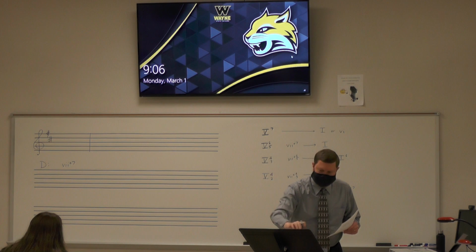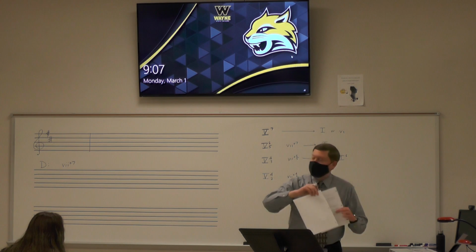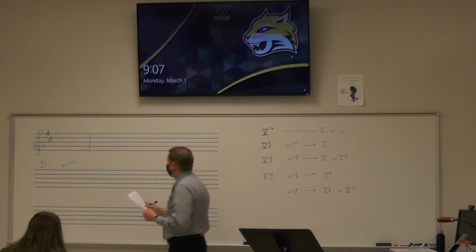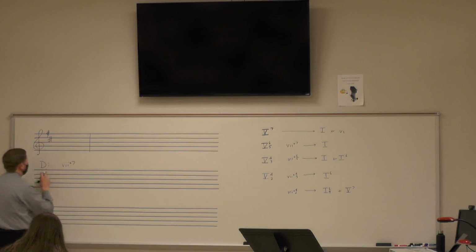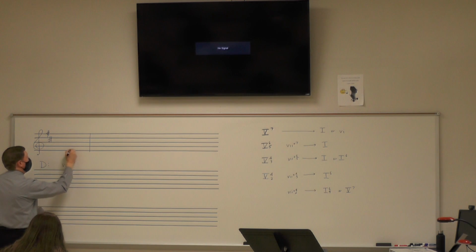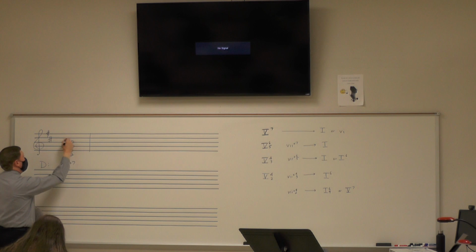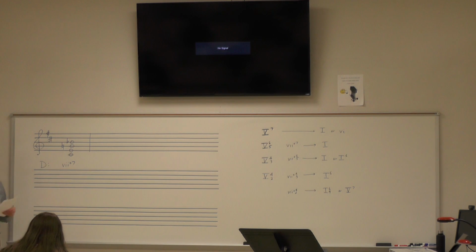All right, so we know that these are leading tone 7th chords. So the root of this chord is going to be the leading tone of D, which is C sharp. To make it fully diminished, we need, and by the way, the C is sharp from the key signature, E natural, G natural, and B flat.